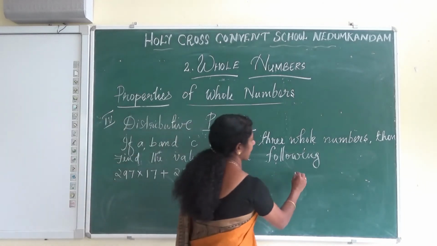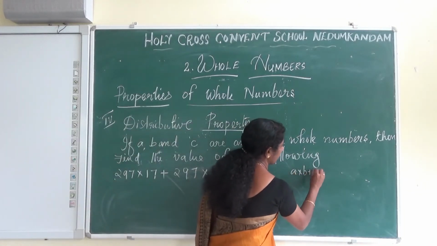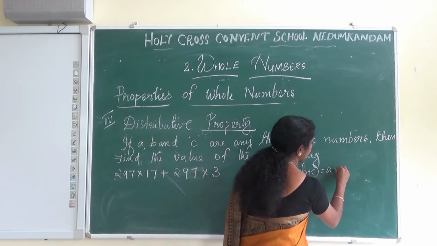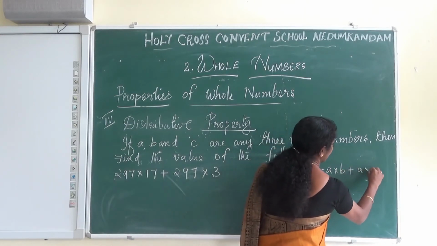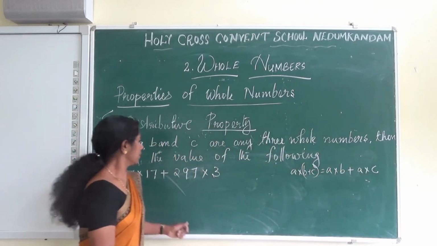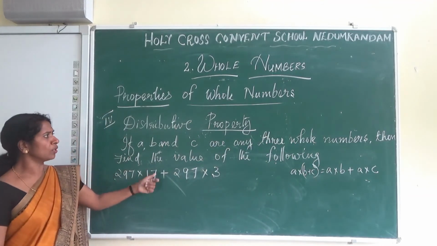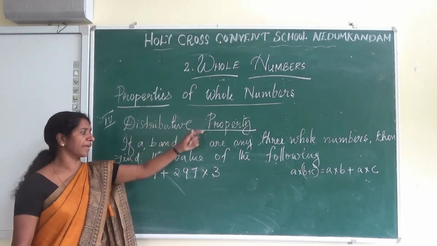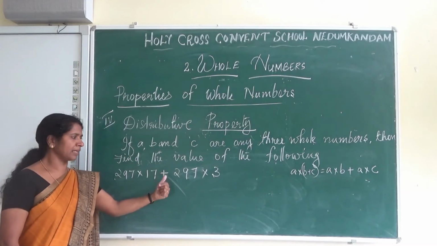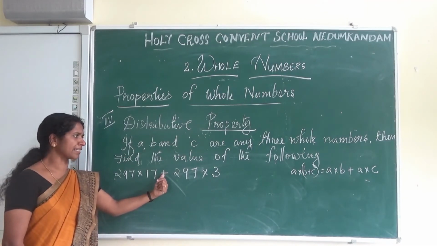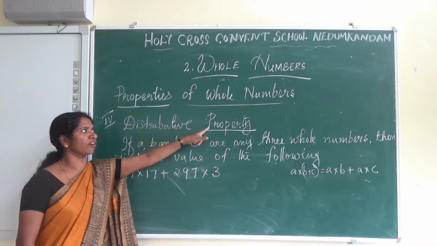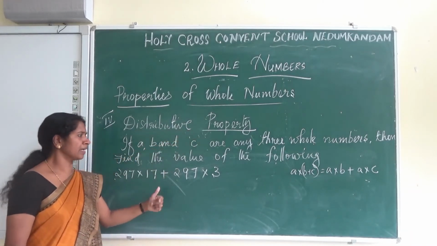So what is the proposition? A into (B plus C) is equal to A into B plus A into C. This question is according to the distributive property of multiplication under addition. If the plus sign is here, the plus sign is there. So it is the distributive property of multiplication under addition.